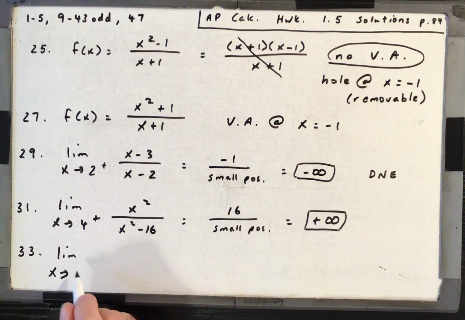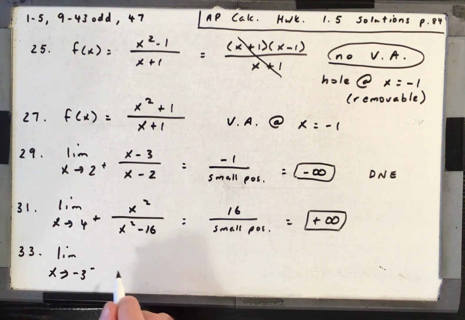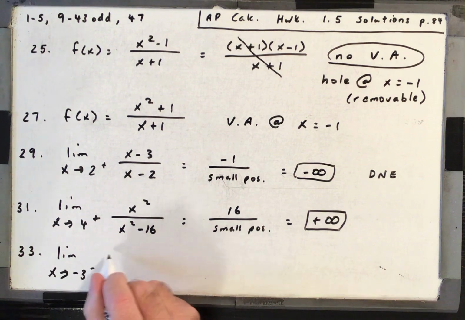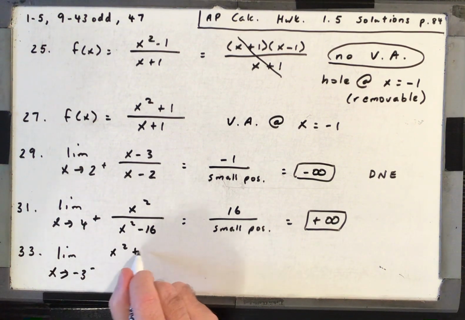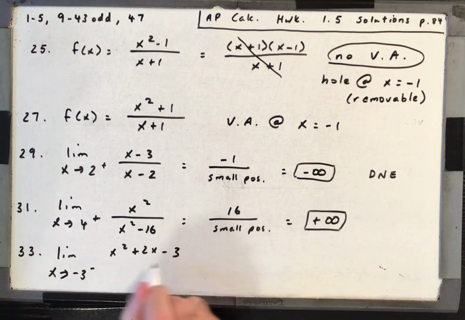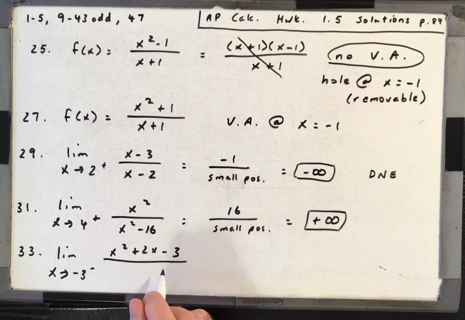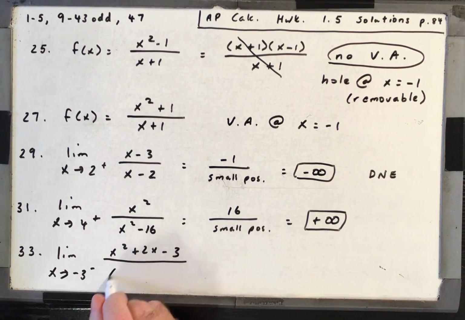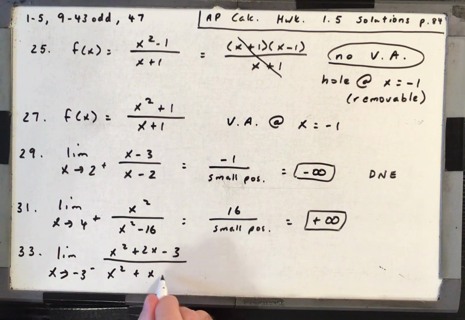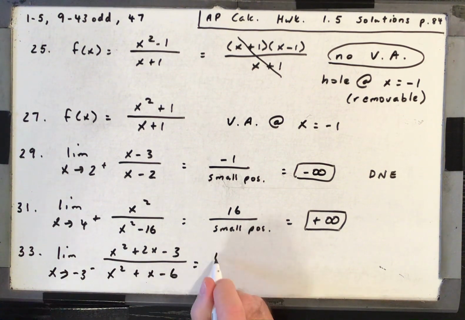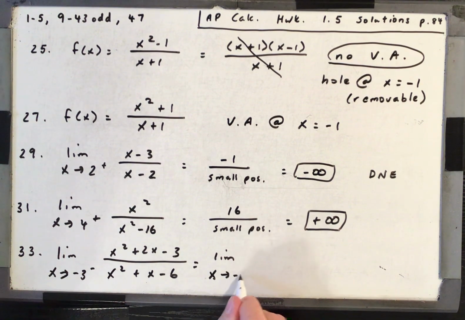33. We're going to do the limit as x approaches negative 3 from the left of x squared plus 2x minus 3 over x squared plus x minus 6. Let's see if we can do some canceling here.